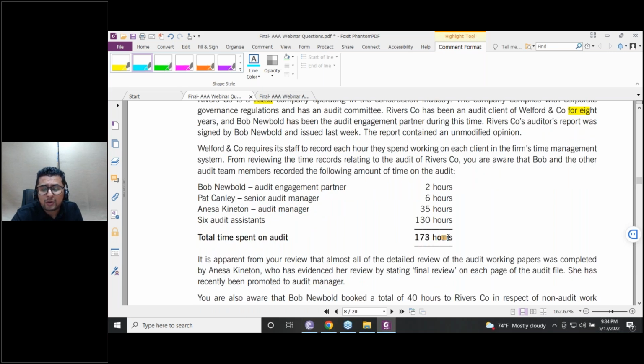Another mark could be obtained from this point. Anyone? What's the issue here? Anyone? Total time spent on audit. No, there is no benchmark, but if the examiner is going to raise such an issue, things will be so obvious and straightforward that you don't have to be in a land of confusion, Manoj.